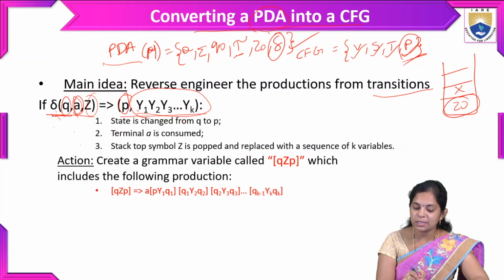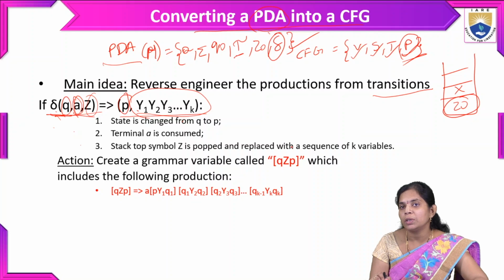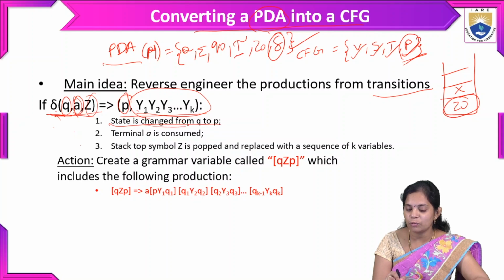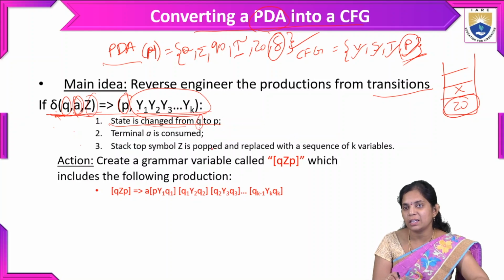Here the transition functions are many. If a pushdown automaton has many transition functions, how do we design the productions from these transitions? Here the state is changed from Q to P. Based on this transition function, the current state is Q, and after the transition the state is P, and the terminal A is consumed.